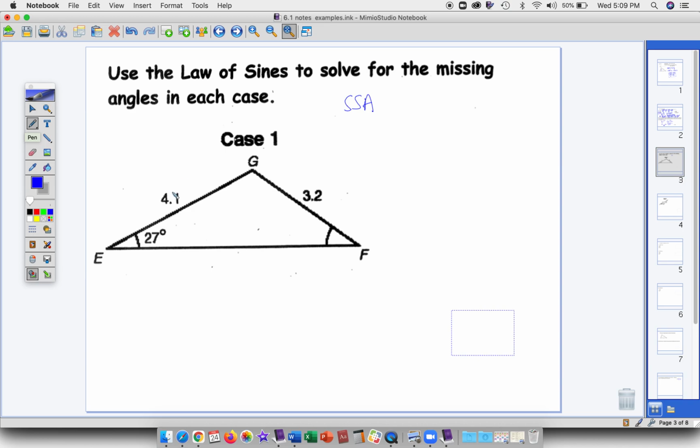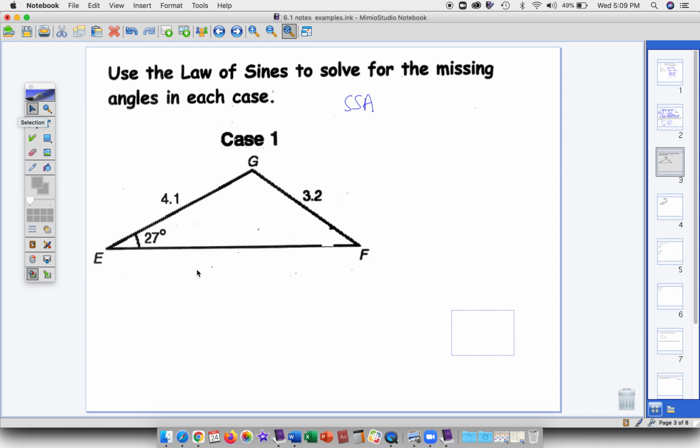If I have two sides, 4.1 and 3.2 for lengths, and I have this angle of 27 degrees, and again, this is a non-included angle, I could construct this triangle, where E is the acute angle 27 degrees, F is an acute angle, and G looks obtuse.